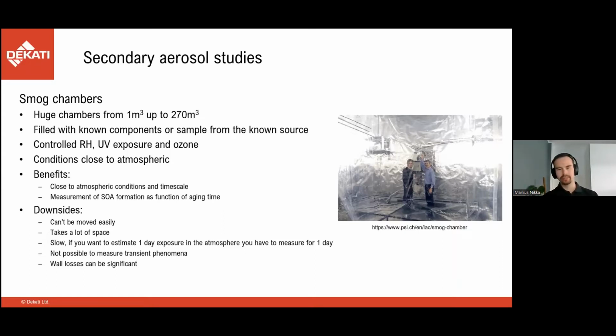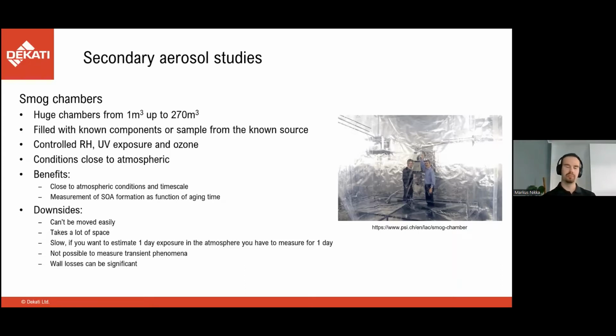The downsides are that it's almost impossible to move them. Okay, these smaller ones might be portable, but usually they are not, and they take a lot of space.